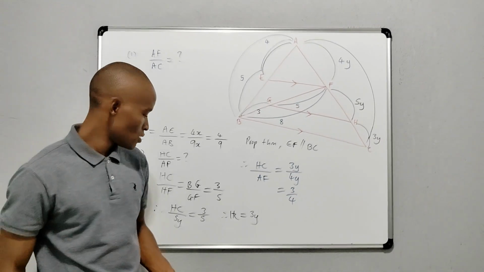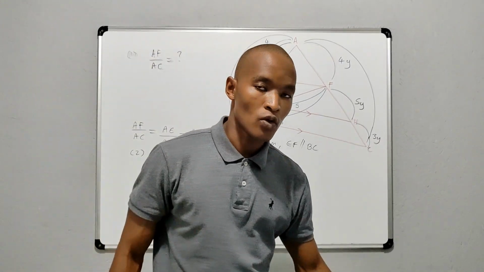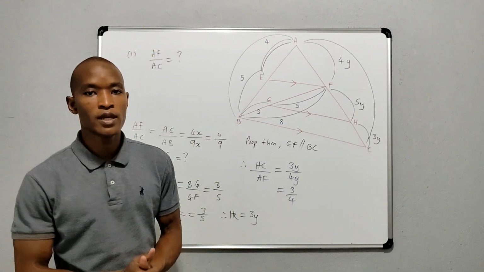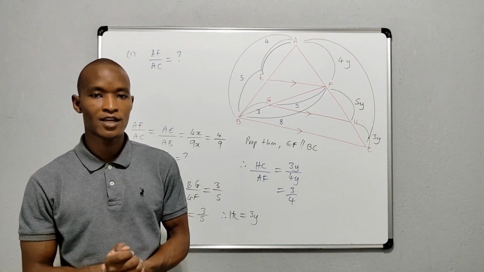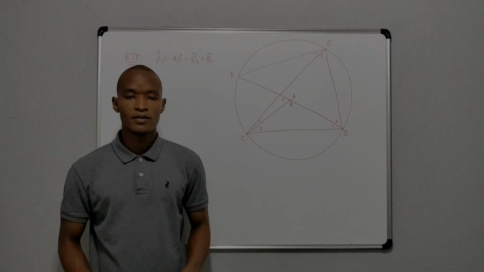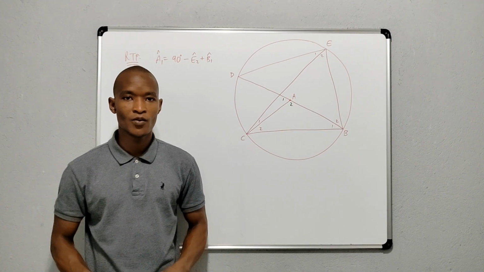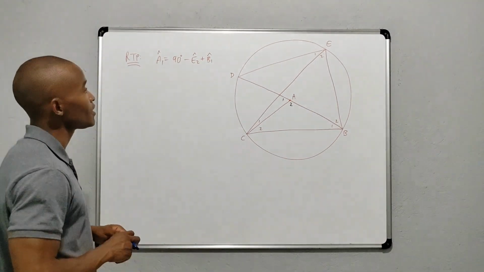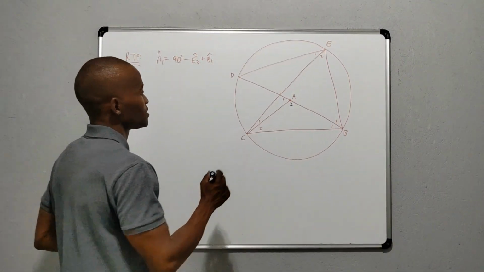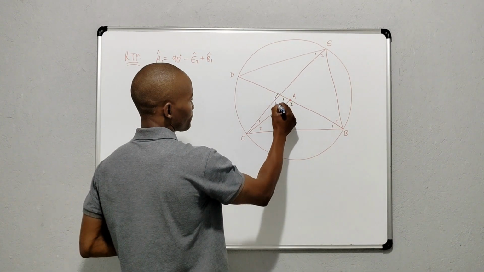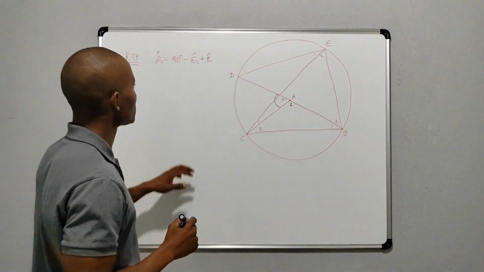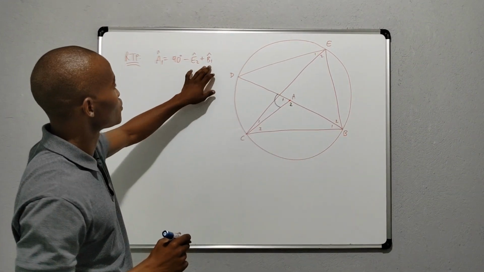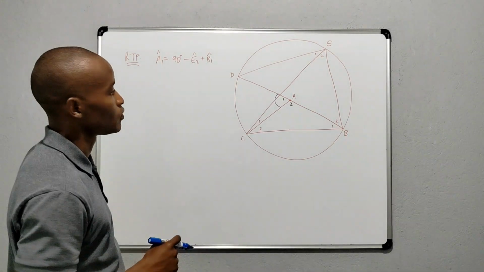Right, good stuff. So we are now going on to question B. All right, take a look. In this question, we are asked to prove that angle A1, which is the angle right there, is equal to 90 degrees minus E2 plus B1.